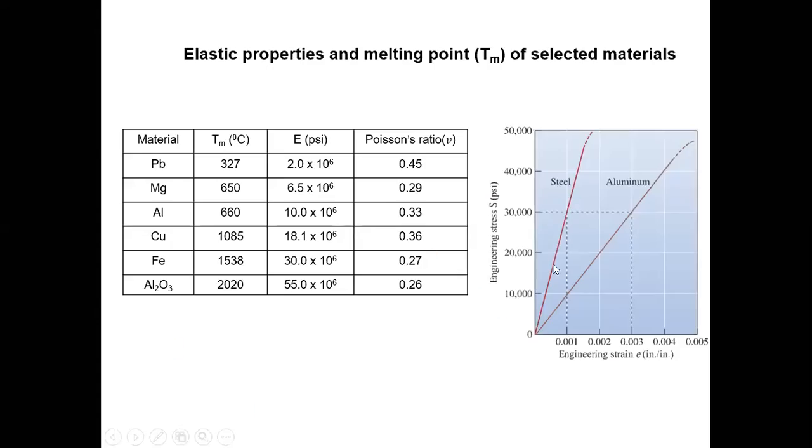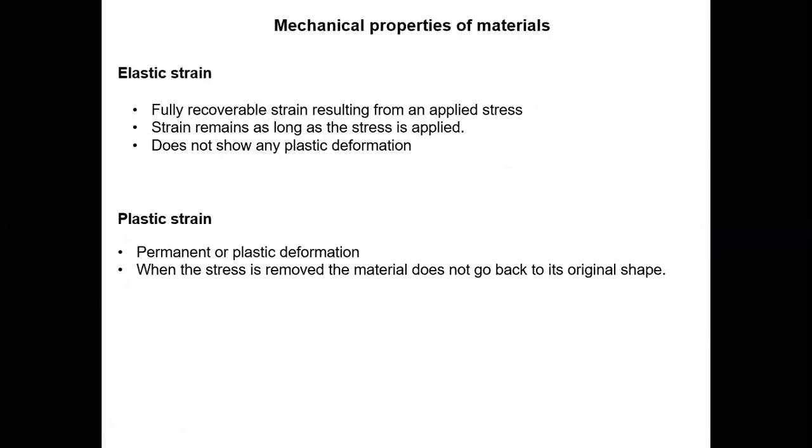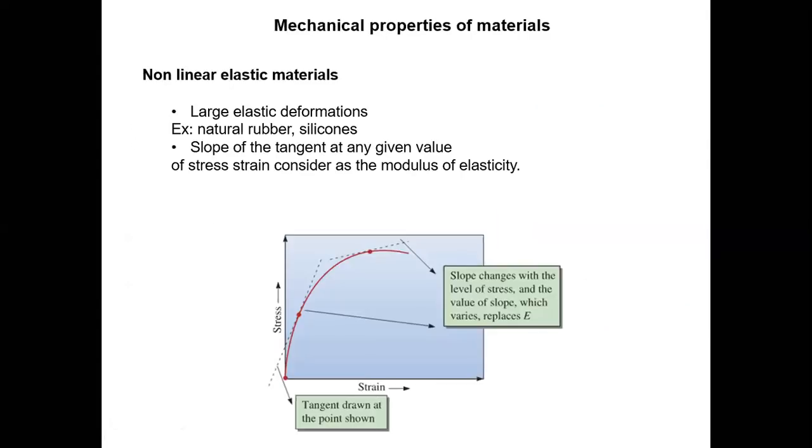This part shows the linear relationship between stress and strain, right? But there are materials that don't show that type of linear relationship, but still they are elastic materials. We call them non-linear elastic materials, right? The only difference is this slope is not linear.